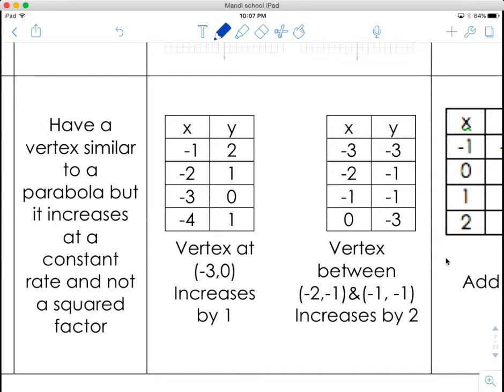Is it absolute value or quadratic because there's a vertex? So right here's the vertex. But also, is it linear because it's increasing by a constant rate every time? Technically those were decreasing by a constant rate every time, negative 1, positive 1. So you really have to look for both the vertex and the constant increase.